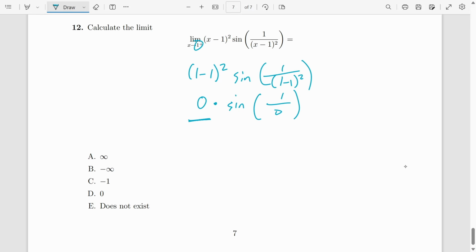We've just got a times 0 of everything, and anything times 0 is 0. So that is a quick way to do this annoying looking limit. I don't think you have to do any actual work here. I think that's just what it's testing you on, realizing, oh, this is all just times 0, so the answer is 0. So, good way to end this exam, I think.